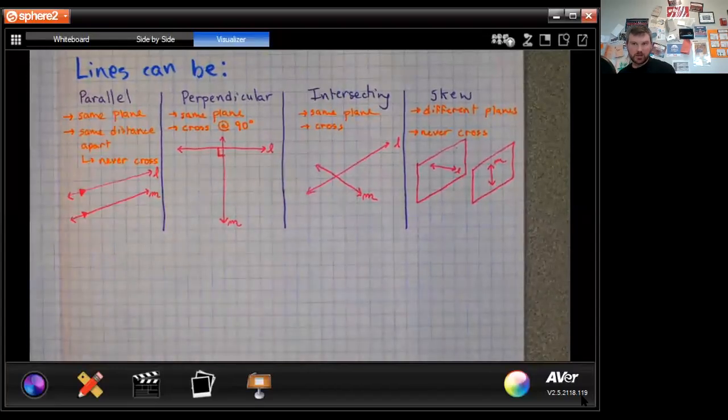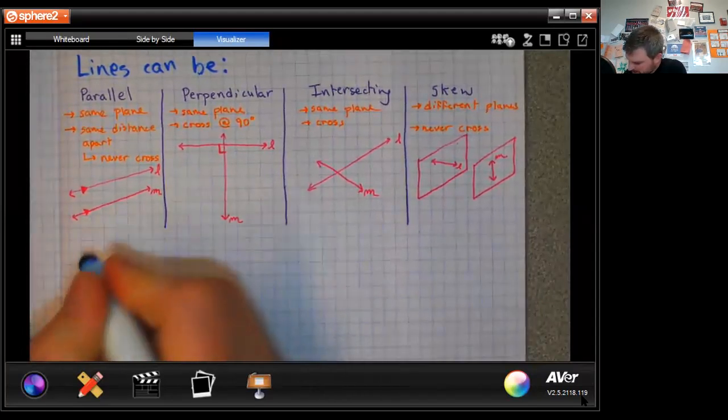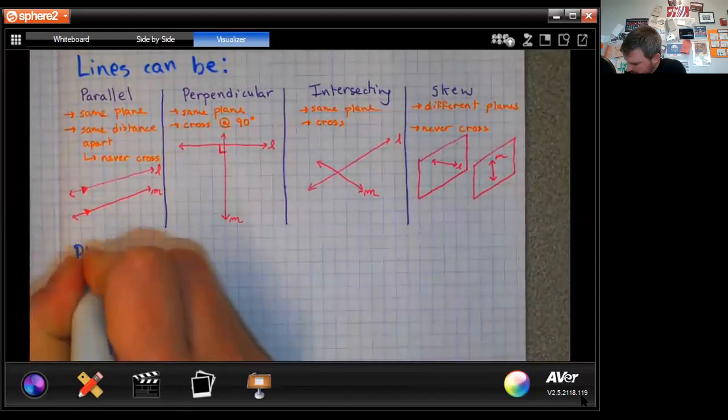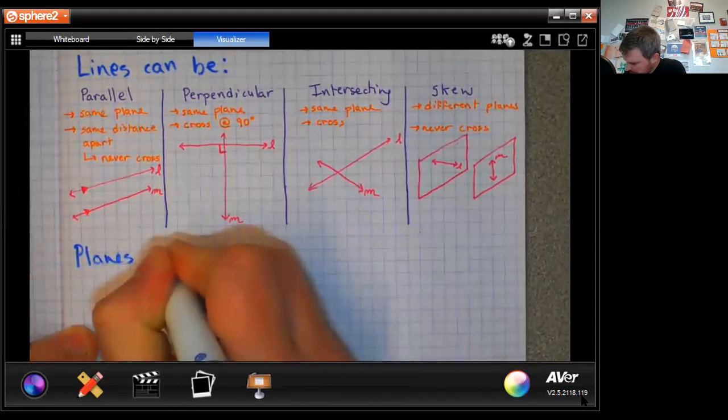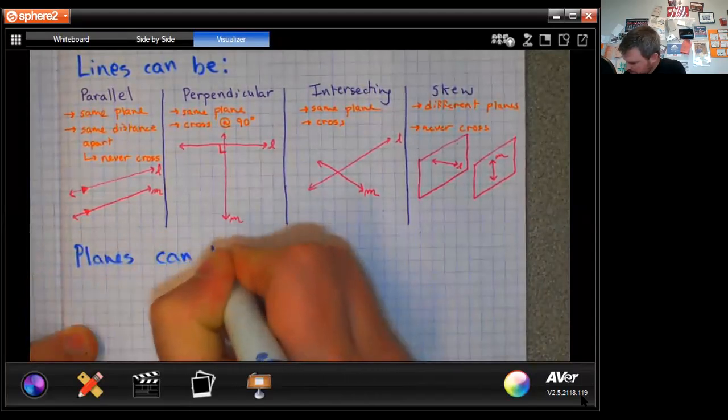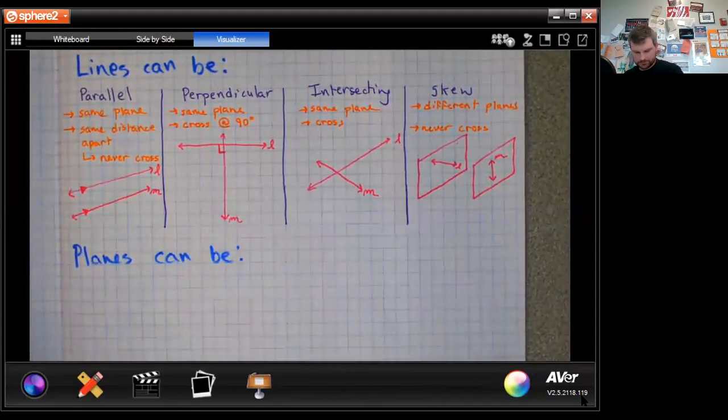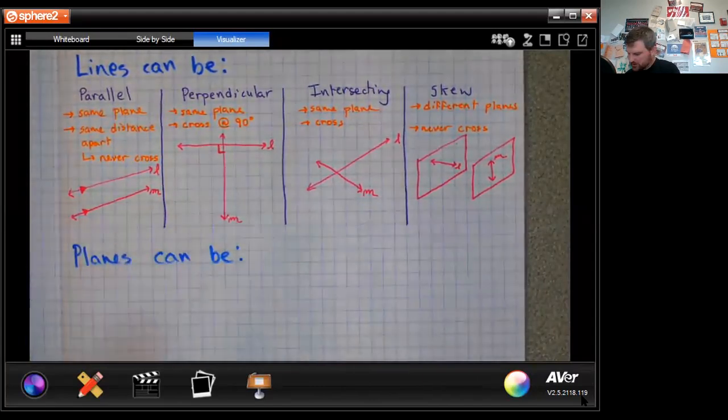And that is what lines could be. That includes line segments, which could be all those, or rays could also be those as well. So planes. We have very similar stuff with planes.